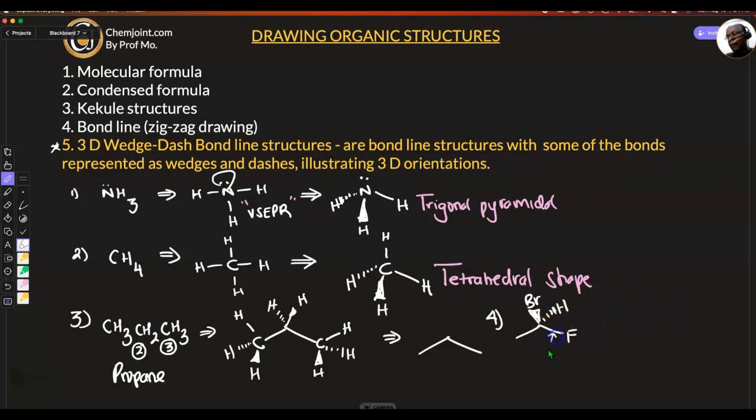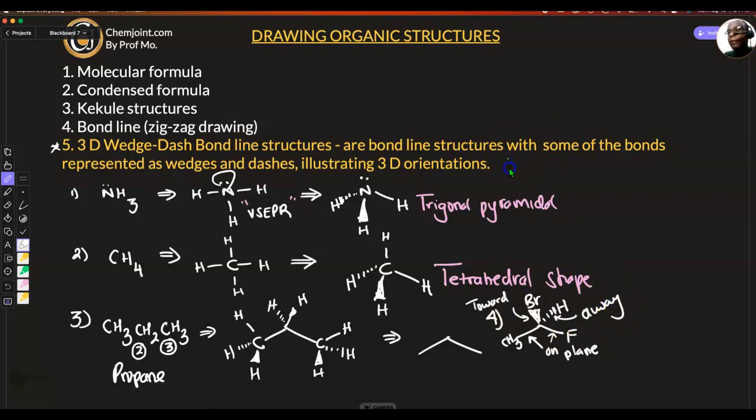This will be on the plane, just like this bond is on the plane. I'm implying 3 hydrogens. There are 3 hydrogens here that I'm not showing. Bromine is toward me, popping out of the screen, pointing towards my nose. The hydrogen, I should not be able to see it. It's behind my monitor. It's away. Okay, that's a 3D structure.